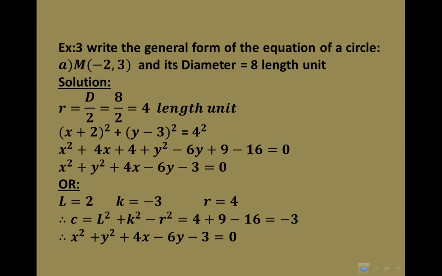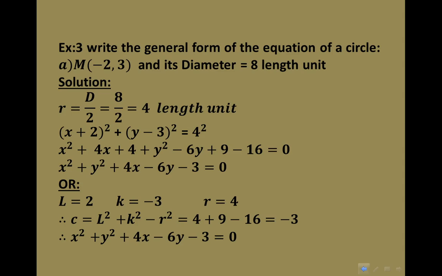And I'll use the equation of the circle, which equals x minus d squared plus y minus e squared equals r squared. Then x minus negative 2, which can be written as x plus 2 squared plus y minus 3 squared equals 4 power 2.